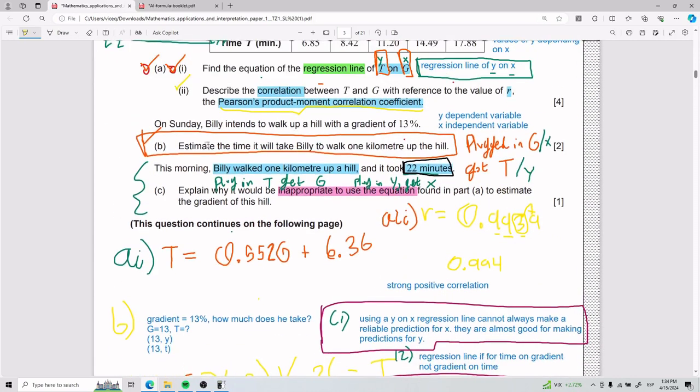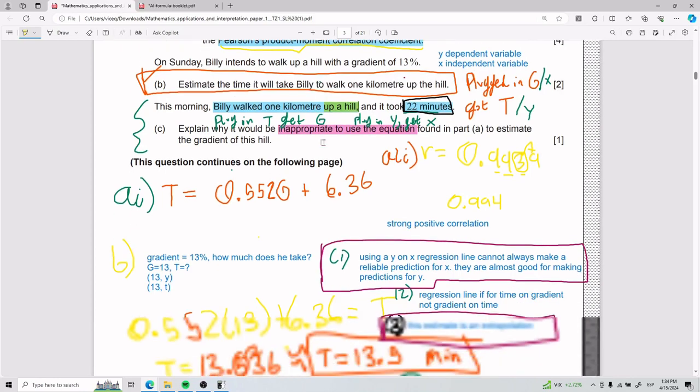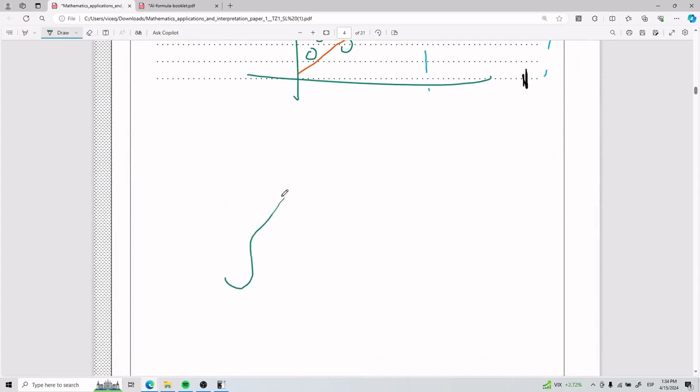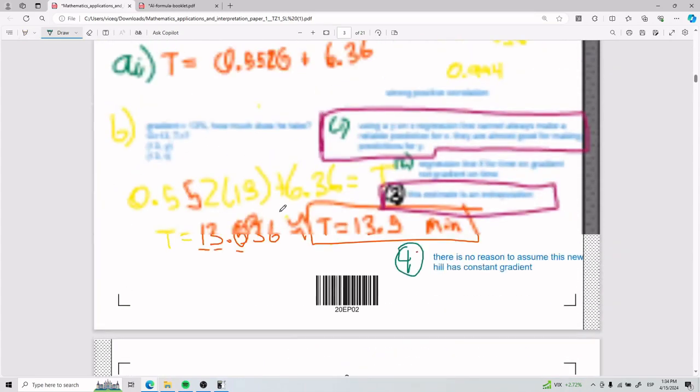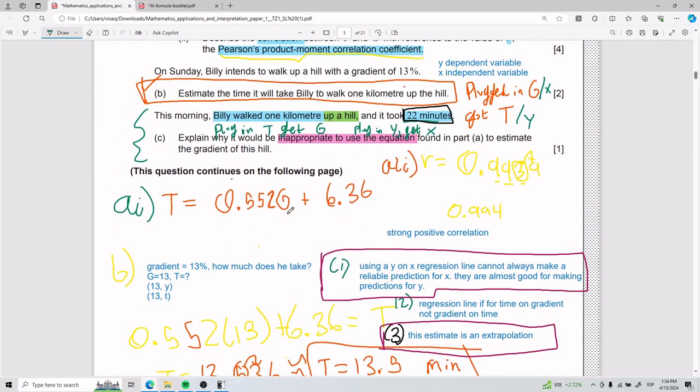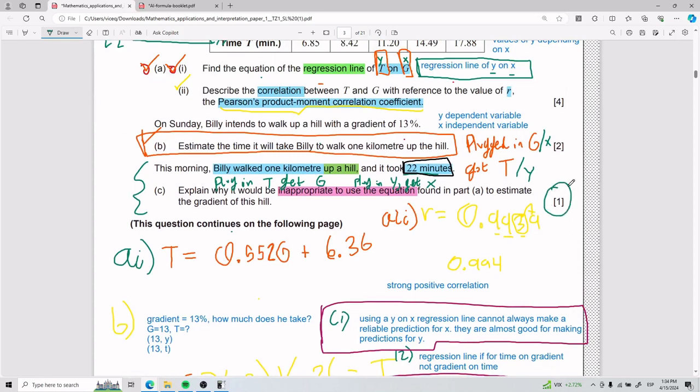And so maybe this new hill that he's going up, maybe it's not constant. Maybe it's a hill that goes something like this, right? And so that is definitely not constant. And you can say that there's no reason to assume that this new hill has a constant gradient. So the model you should be using is not this one. Okay, that's your argument. And that is 4 different ways to get this 1 point.